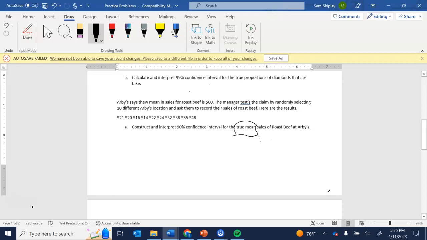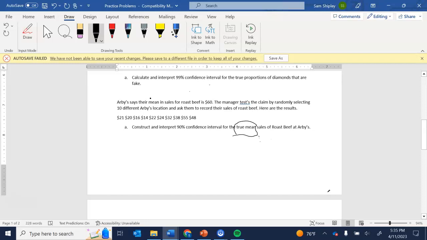Okay, so the question is, Arby's says their mean sales for roast beef is $60. The manager tests the claim by randomly selecting 10 different Arby's locations and asks them to record their sales of roast beef.